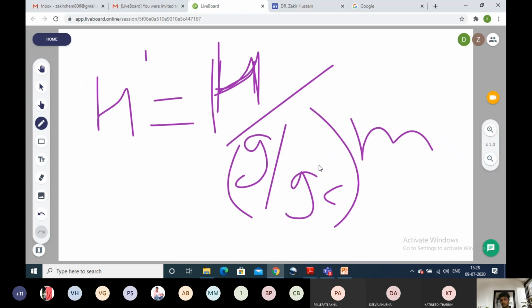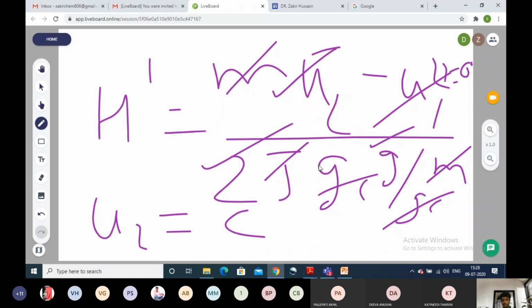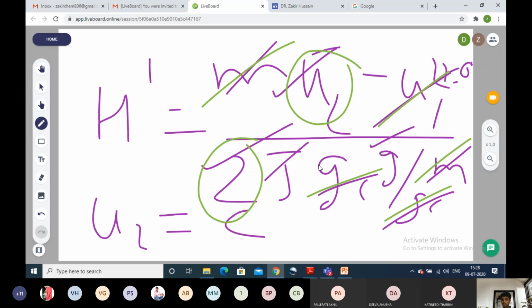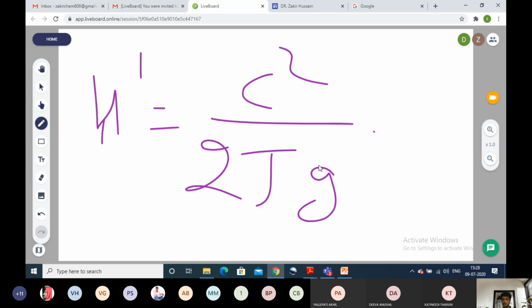In terms of heat quantities we can write enthalpy h dash is equal to h by J gc into m. That formula we substitute here, and the quantities like gc and m will be cancelled out. Citing the initial condition that u1 is equal to 0, the left out terms are only u2 square and the constants.